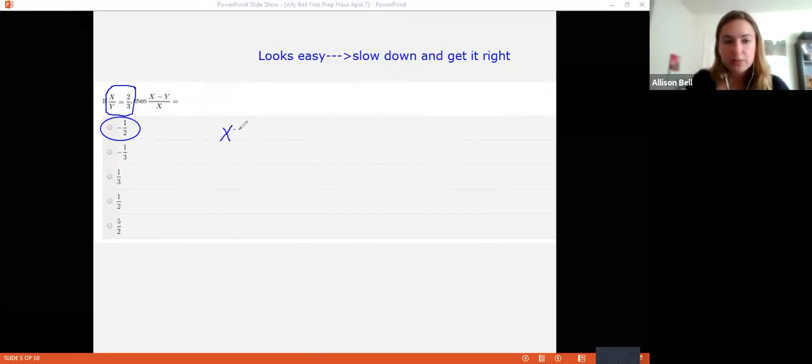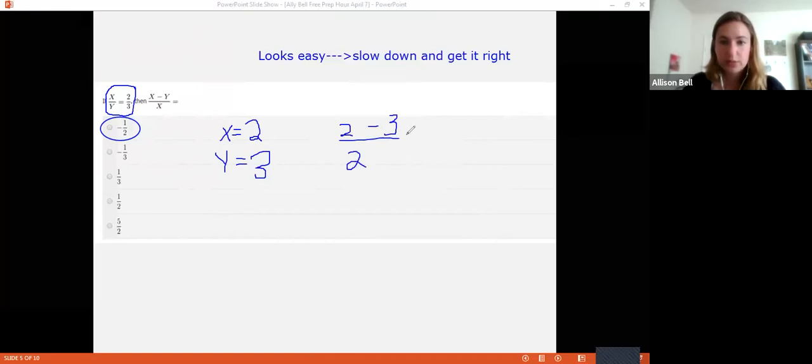So x is going to be equal to 2, and y is going to be equal to 3. The simplest way to solve this problem is just to plug those values in. 2 minus 3 over 2. It's going to be equal to -1/2.